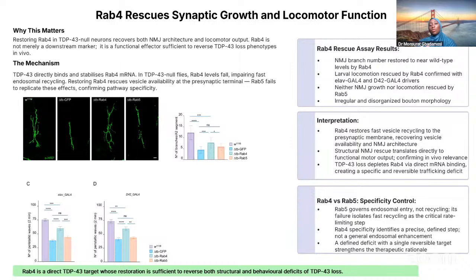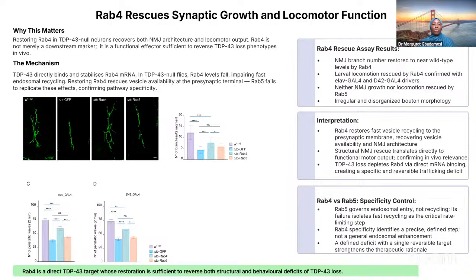But what I want us to take from this, the goal of this experiment, was to check how specific this action of RAB4 is with TDP43, because both RAB4 and RAB5 are endosomal proteins. They are RAB proteins, GTPases that are involved in synaptic vesicles.